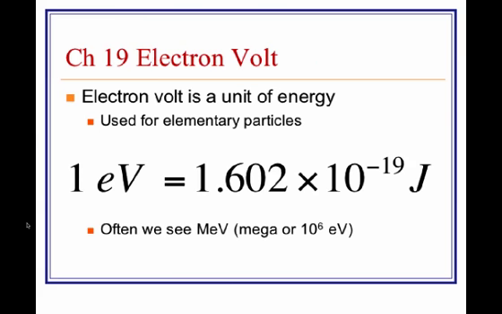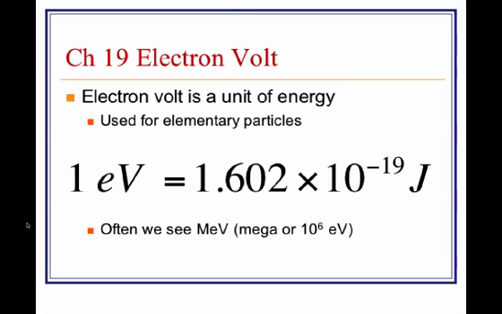Jumping back to something that we didn't use a whole lot, and now we will: the electron volt. The electron volt is a unit of energy. It's the amount of energy needed to move one electron through 1 volt of potential difference. This is used with small particles like protons, electrons, photons, anything like this. It is equivalent to 1.602 times 10 to the negative 19th joules.